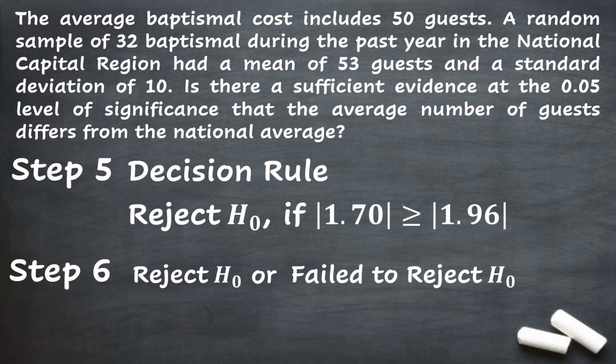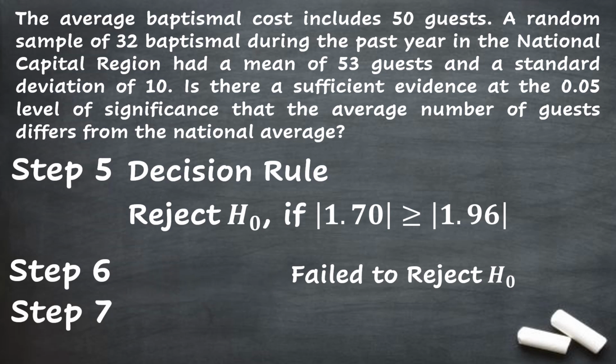So, the given inequality for step 5 is 1.70 is greater than or equal to 1.96. Is it true or is it false? So, obviously, it is false since 1.96 is bigger than 1.70. So, meaning to say, since the inequality is not satisfied, then we fail to reject the null hypothesis.